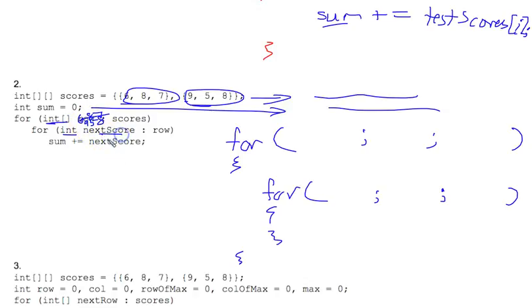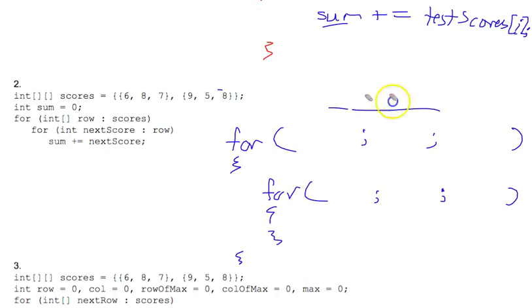This guy, next score, he is just an int each time he is overwritten. So he goes from 6 crossed out to 8, crossed out to 7, and then the next time around the outer loop, he takes on the 9, 5, and 8. Now all of these numbers get added into the running total sum, so this works fine. But if you were forced to rewrite it, or just to understand both of these kinds of loops well, you should know how to rewrite all this.